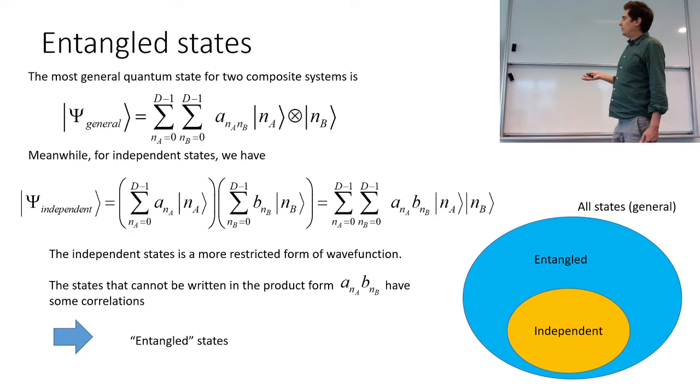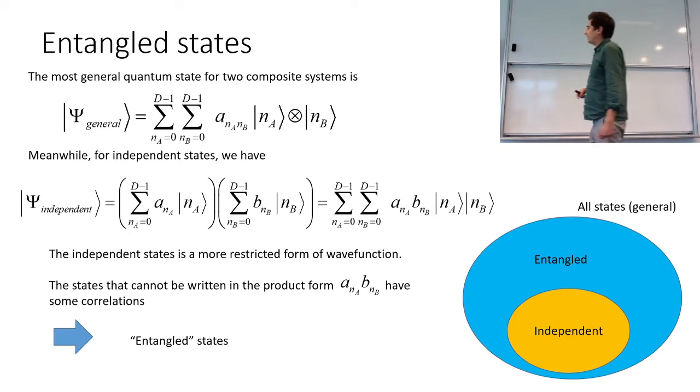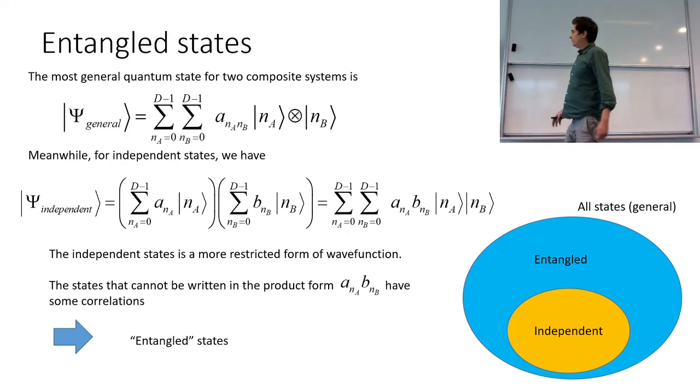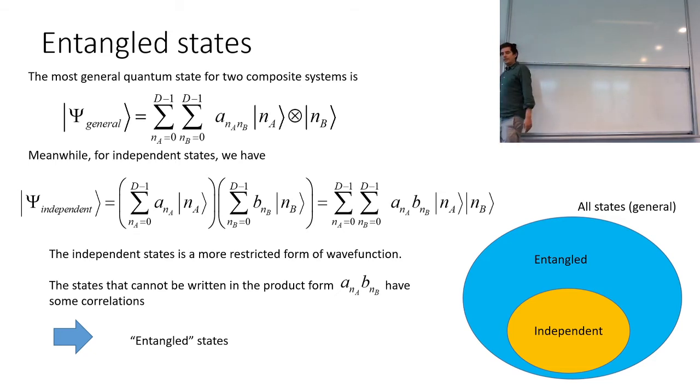So what we can see from here is that we can actually distinguish two classes of states, right? If we consider the set of all states to be this kind of circle, like a Venn diagram, then some subset of it is the independent states, and more generally, if the state is not an independent state, then these are so-called entangled states.